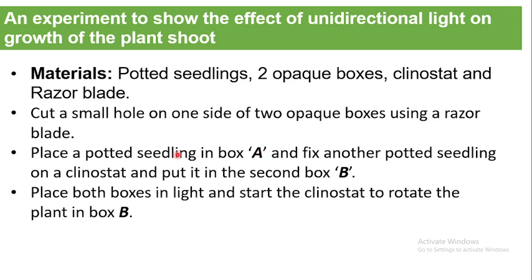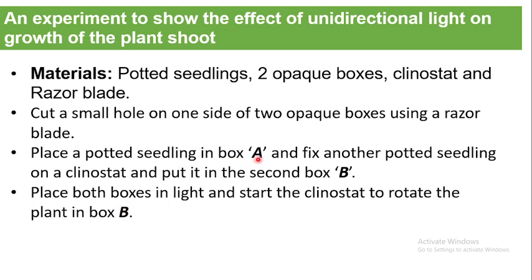Then you place both boxes in light and start the clinostat to rotate the plant in box B. Remember that box B contains a plant which is fixed on the clinostat to rotate. The idea for making it rotate is simply to expose the entire plant to light to enable all parts of the plant to receive light.